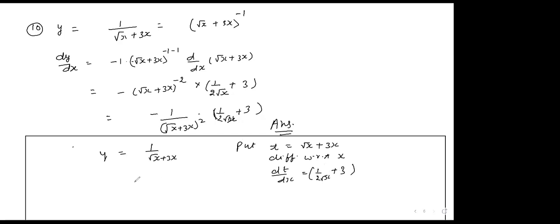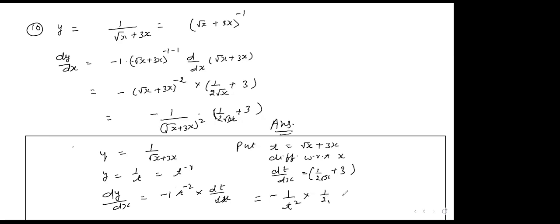And here it will become y equals 1 over t, that is t to the power -1. So dy by dx equals -1 times t to the power -1 -1, that is -2, into dt over dx. So that becomes -1 over t square into dt by dx, which is 1 over 2 root x plus 3.